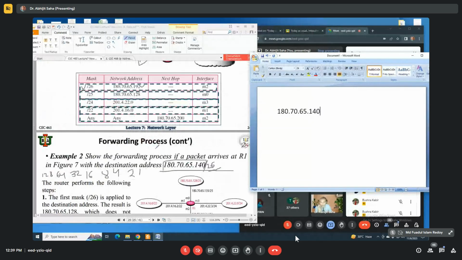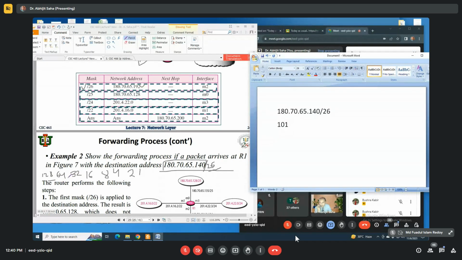Remember that according to the routing table, we first apply the /26. So I can write here the /26. Okay, so now we are going to convert to binary. This is the 128. It is 180, so 128 means 1. And then you have the 64, so this is going to be 0. Then 32: 128 plus 32 is 160, so that is going to be 1.